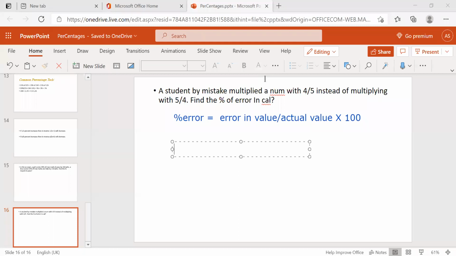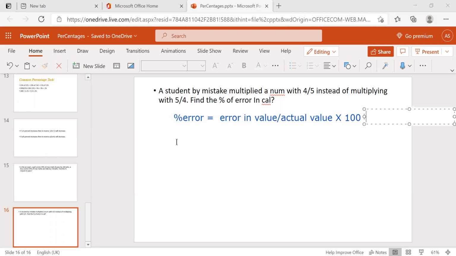Instead of assuming a variable like x or n, I am assuming a number which is exactly divisible by the denominators, here 5 and here 4.